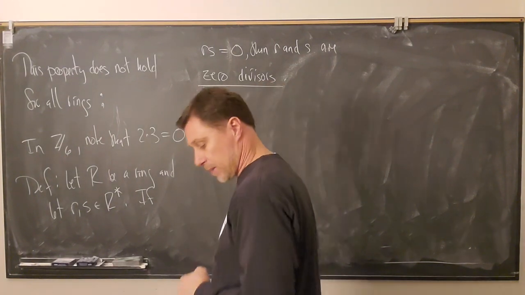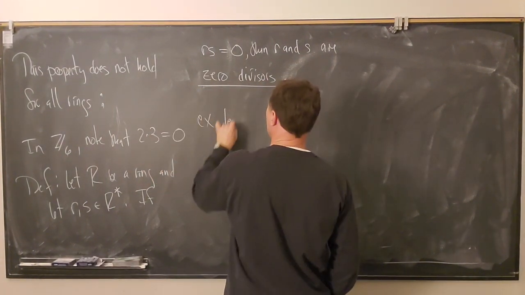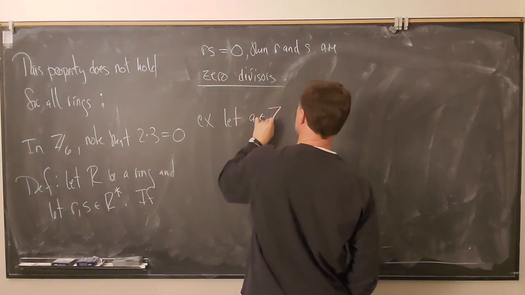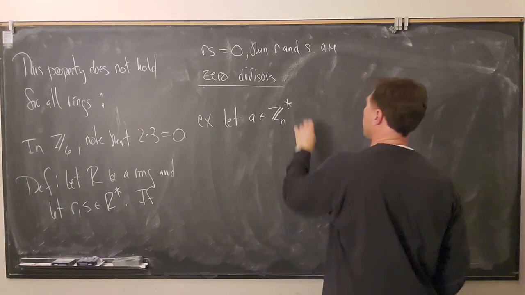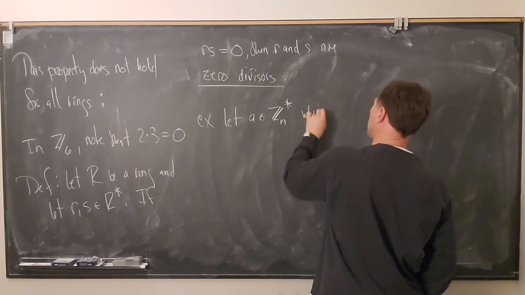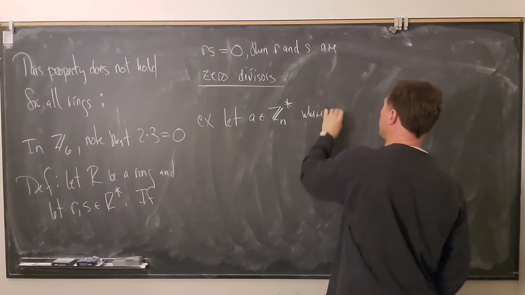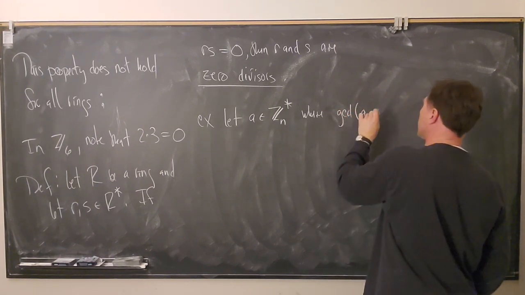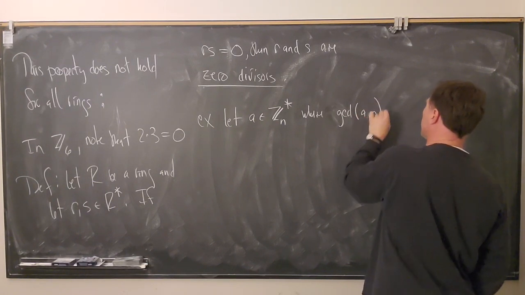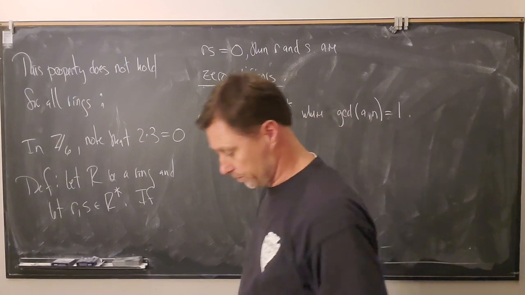So let's look at another example here. Let a be in Z sub n star, where the GCD of a and n is equal to 1. So I want a and n to be relatively prime.